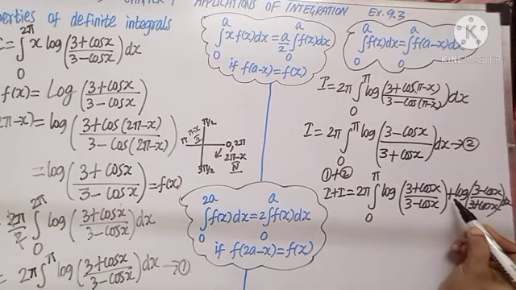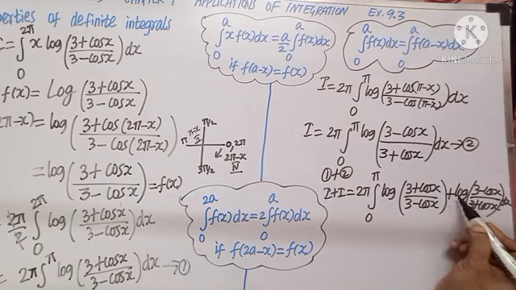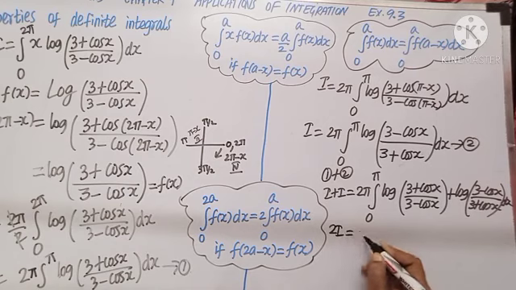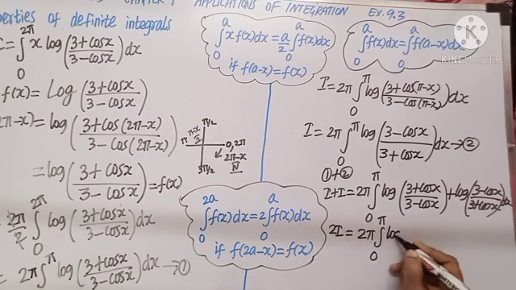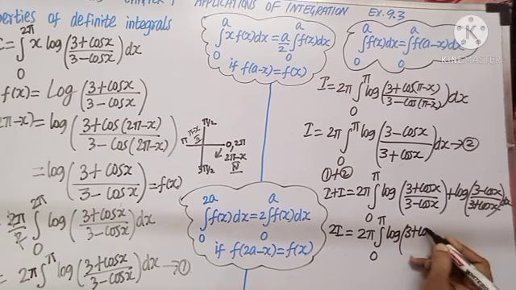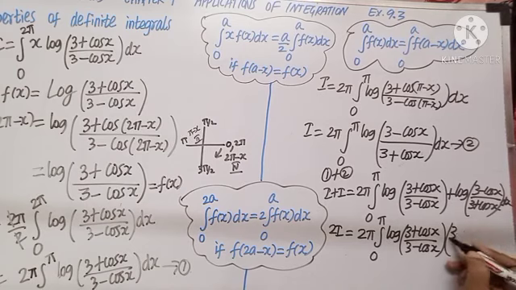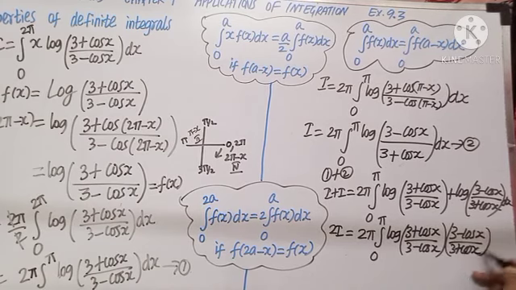In logarithm, I know addition represents multiplication. So LHS 2I, RHS 2 pi, integral 0 to pi, log of 3 plus cos x by 3 minus cos x into 3 minus cos x by 3 plus cos x into dx.